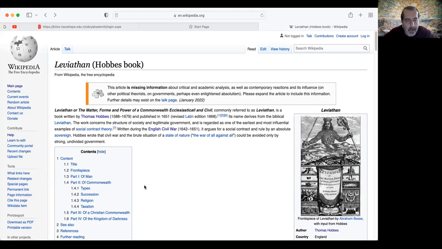Some people say that the United States is based upon some Lockean ideas. The United States Constitution is based upon the views of John Locke, basically. I think to some extent it's true.